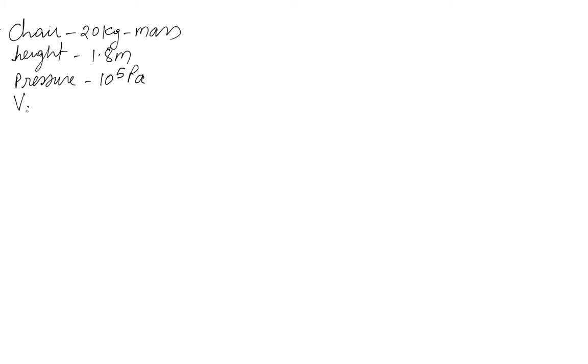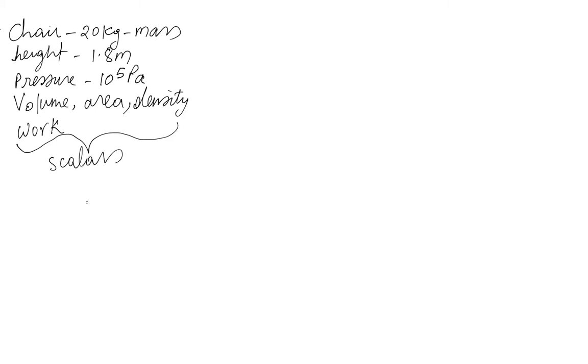Other examples can be volume, area, density, work. All these actually are categorized as scalars. Now how do these scalars add up? Well, if you have one chair which is 20 kilograms, how much is going to be the mass of two chairs?